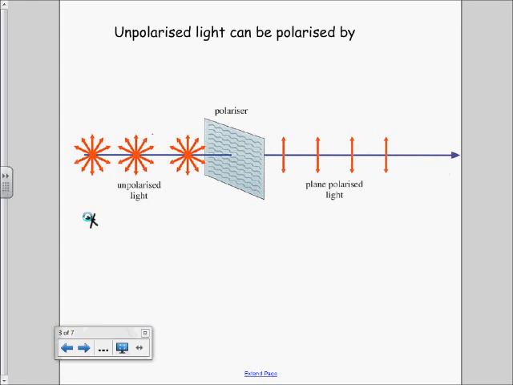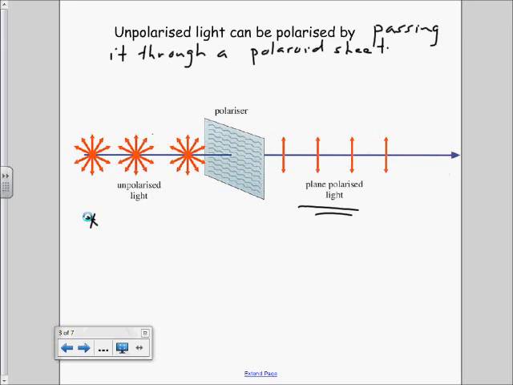So unpolarized light can be polarized by passing it through a Polaroid sheet. This light has been passed through a Polaroid sheet, and what the polarizer has done is polarize the light such that in this particular instance only vertically polarized light has been able to pass through the sheet. So we've now polarized it.